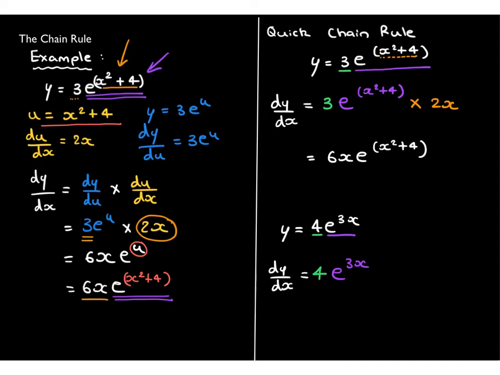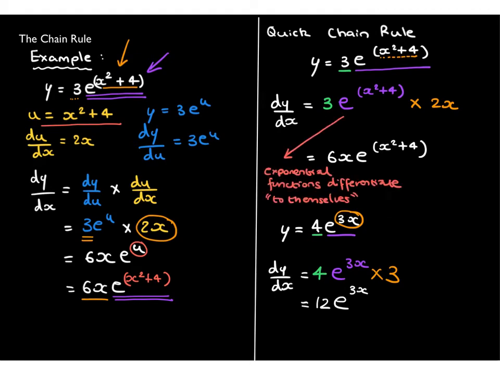But we then need to multiply by the derivative of the inner function, which is 3. And then go back to the first question, you can see we got the answer of 12e to the 3x. So, crucial points: exponential functions differentiate to themselves, and we need to multiply by the derivative of the innermost function.